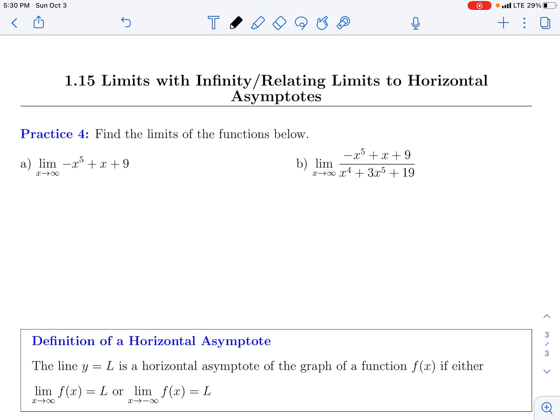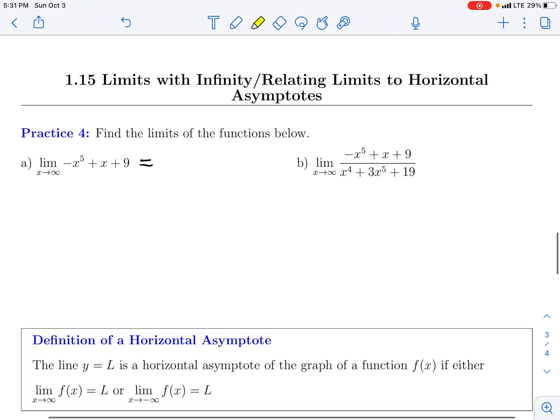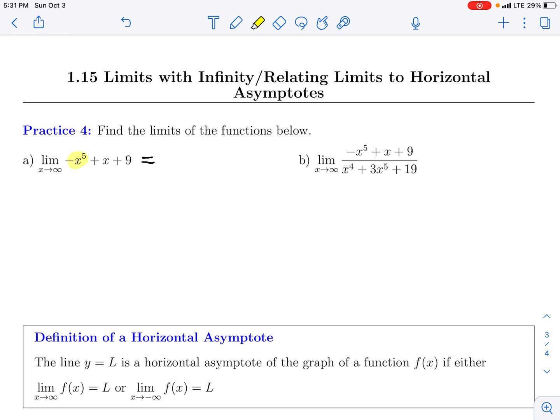If I want to find the limit as x approaches infinity of this polynomial, what I need to do is think back to the shape of it and talk about end behavior. I know that the end behavior of this polynomial is going to be the same as the end behavior of the term with the highest degree.